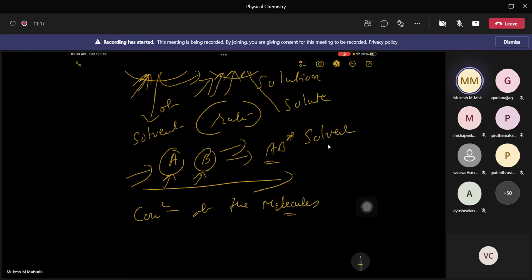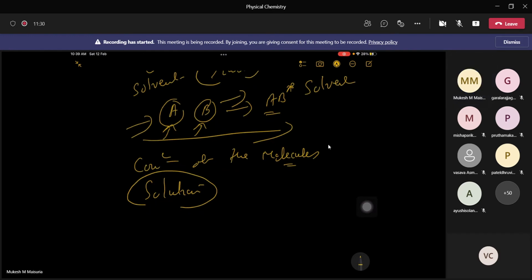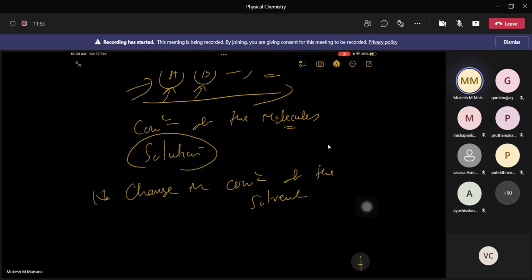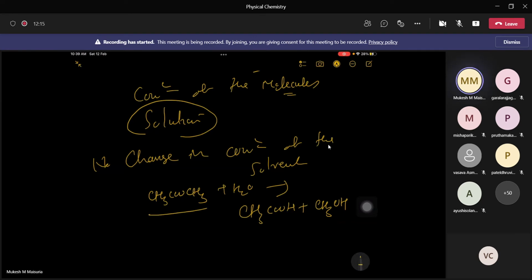But in case of solution, we know that in many cases there is no change in the concentration of the solvent. We saw in the practical the hydrolysis of methyl acetate, where the products are acetic acid plus CH3OH. This is a simple example of the reaction between methyl acetate and water.